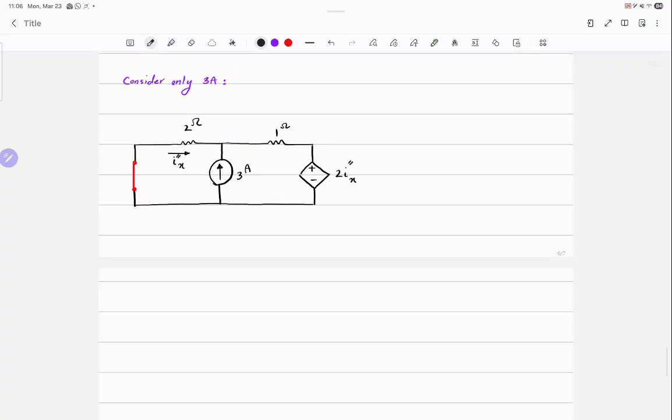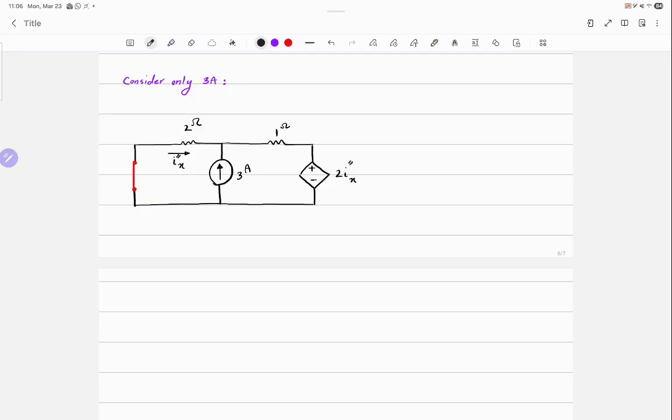So, can I apply current division? What's wrong with that? The dependent source is bothering us.